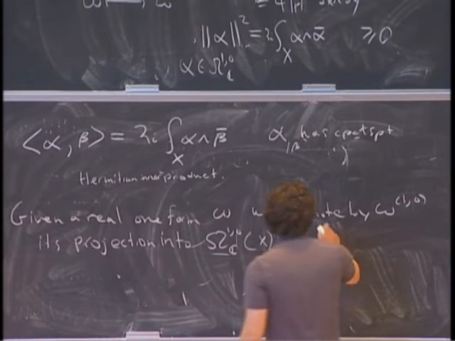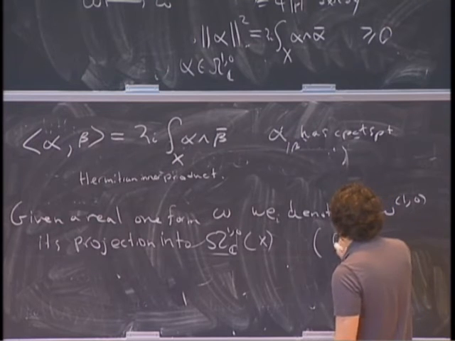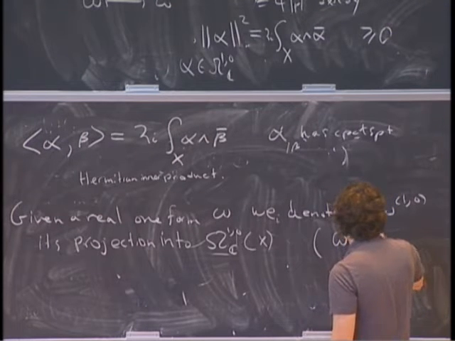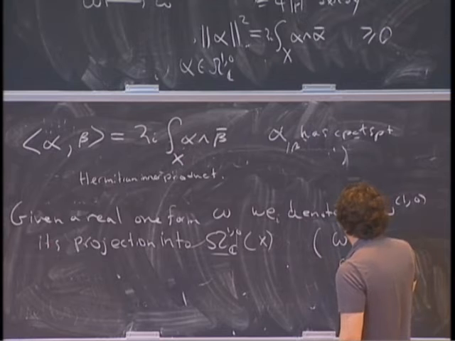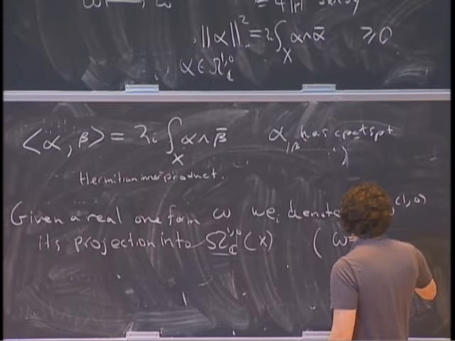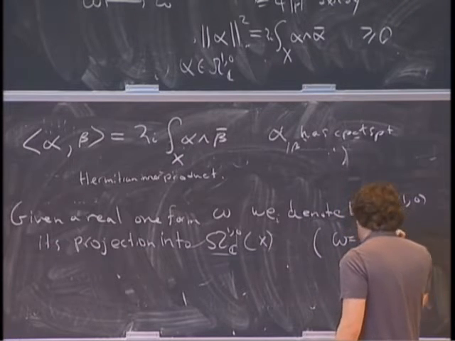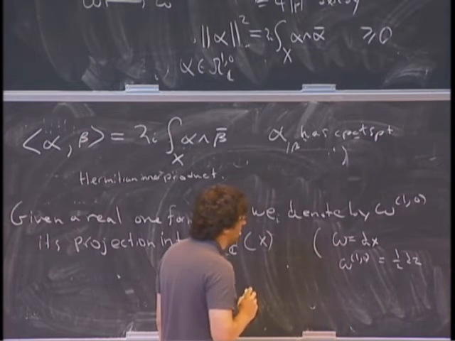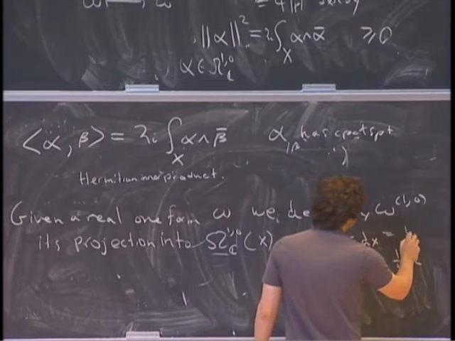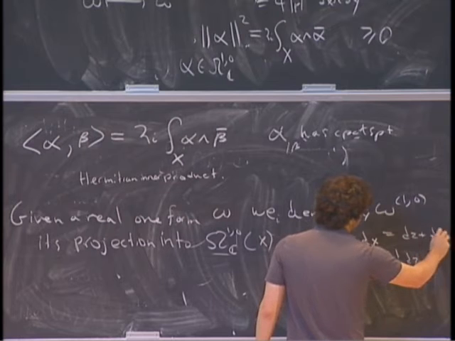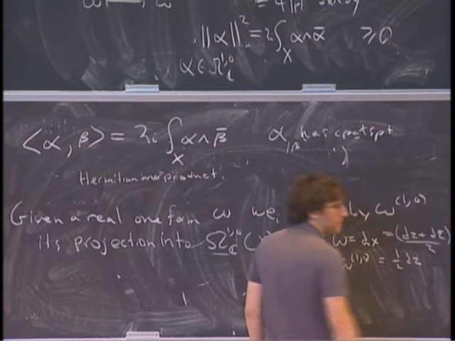As a check, if in local coordinates omega is equal to dx, then omega^{1,0} is equal to a half dz, because dx is equal to (dz plus dz bar) divided by 2.